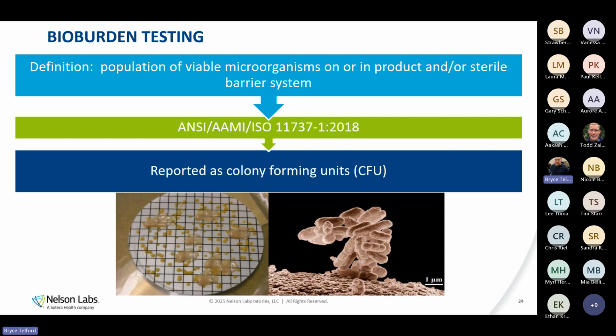So let's talk a little bit more about bioburden testing. Since radiation sterilization is a bioburden-based sterilization method, the bioburden plays a much bigger role than it does in some of the others. As we mentioned, it's the population of viable microorganisms on or in a product.